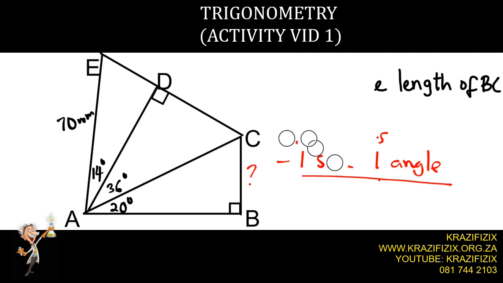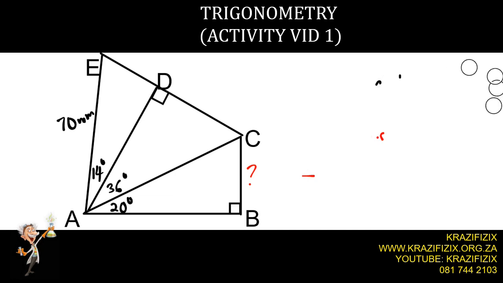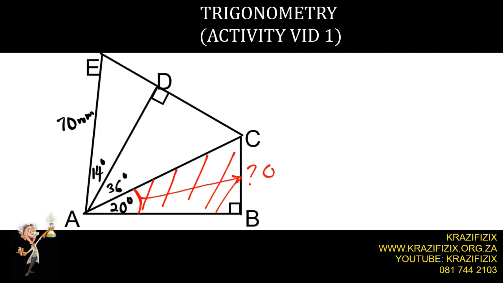Let's check something here. If you look at BC, where is BC? BC is actually right here in this triangle. Now, I have this angle 20. It means this side is my opposite. The side facing angle 90 is my hypotenuse. If I were to write down sine 20, it will be BC opposite.